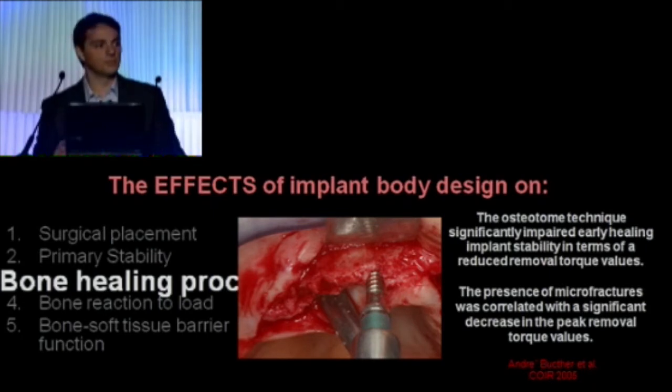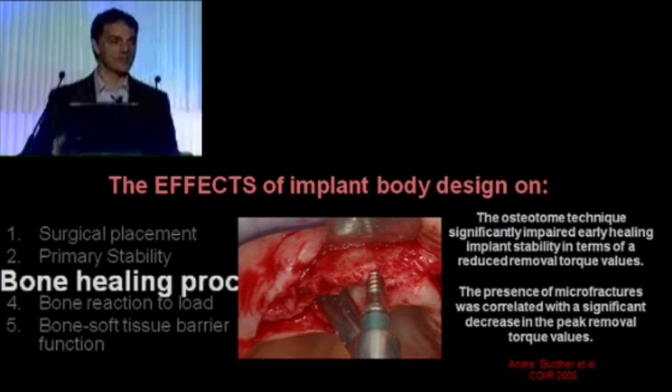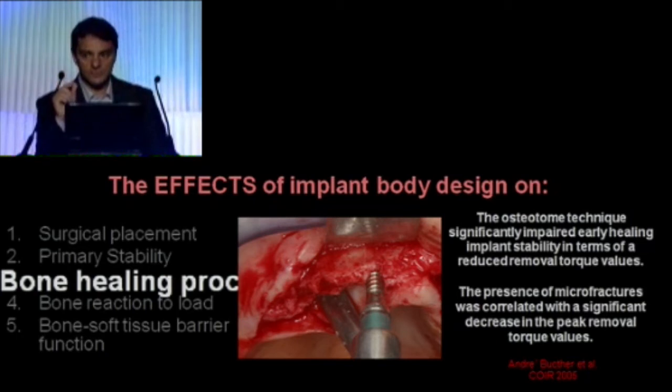We are shortening the healing time, and more and more companies are telling us that we can reduce the healing time and load the implant at, let's say, 2 months, 1.5 months, 2 weeks. We have plenty of advertisement on the market. But this means that we are not going for a fully mature, remodeled lamellar bone, because it takes months.